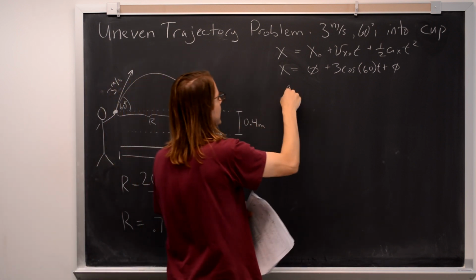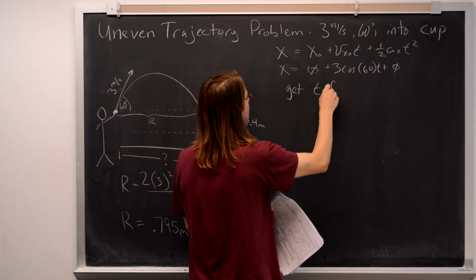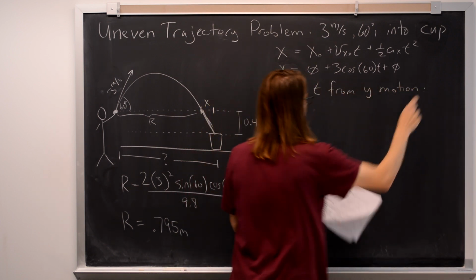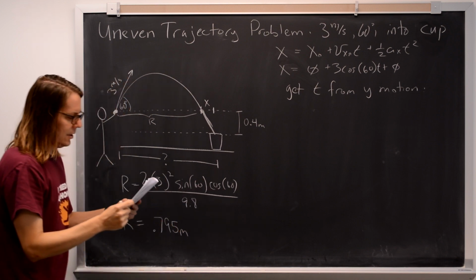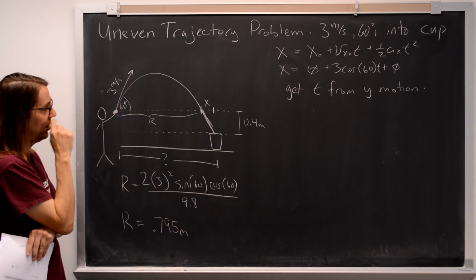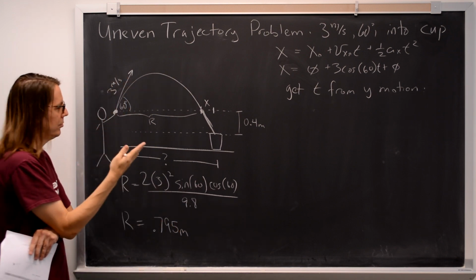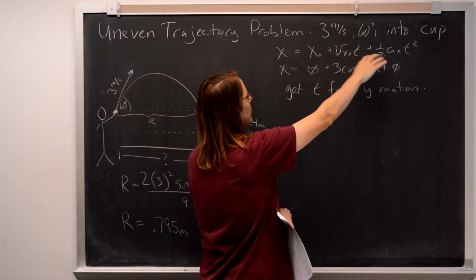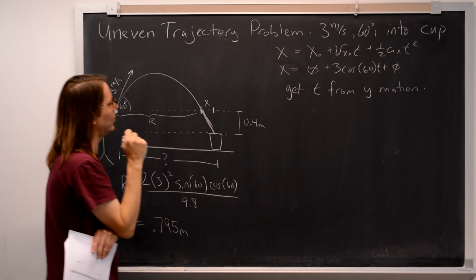Okay? So we're going to get t from the y motion. To get t from the y motion, let's write out the whole thing. That's not quite what we want to do.